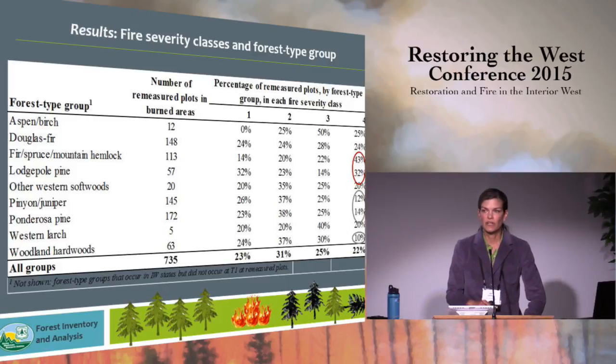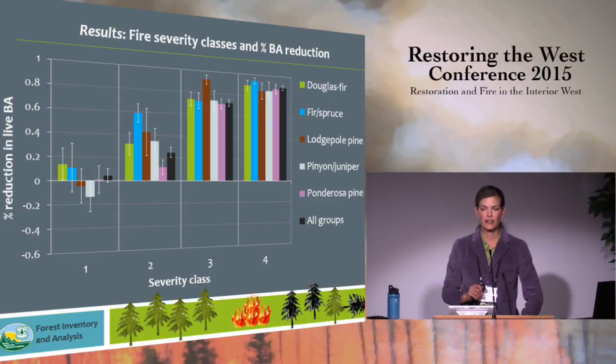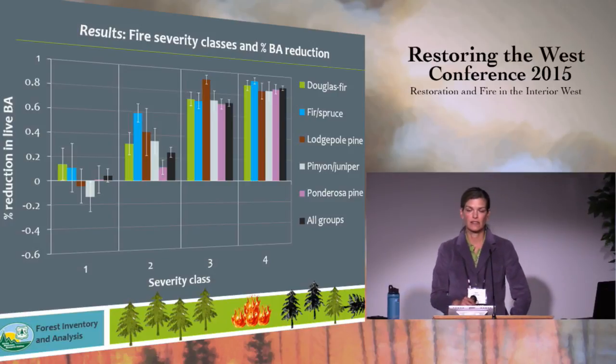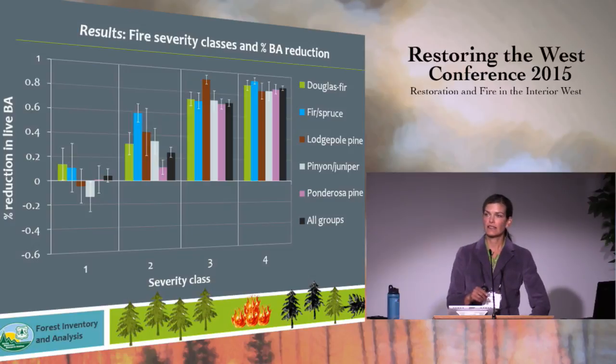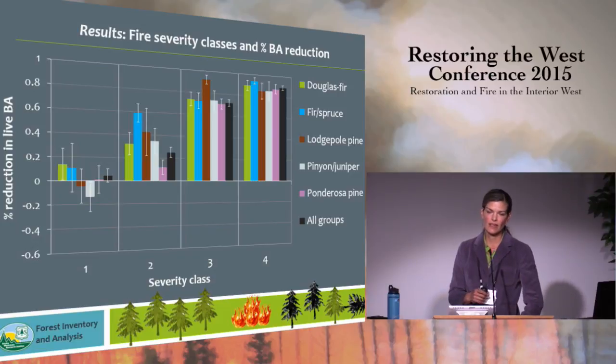Okay, so finally, what is the percent mortality that corresponds to each of these 4 severity classes? The black bars here are all forest type groups lumped together, and we did find that there were definitely significant differences among the 4 severity classes. For the first severity class, the average was 5 to 10% reduction in live basal area. The low, or class 2 severity class, was about 15 to 25%.